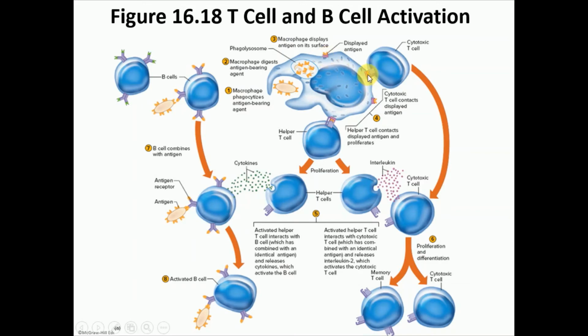So you'll see here that the MHC carrying that antigen is going to present it to your cytotoxic T cells. Now the cytotoxic T cell is able to identify that there's an antigen, because normally it would be interacting with the MHC, which is your cell, which is a self-antigen.